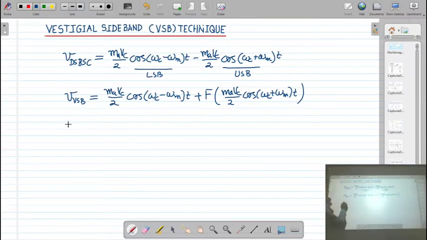Or we can also write the same expression in this manner. Suppose we are transmitting a fraction of a lower sideband.